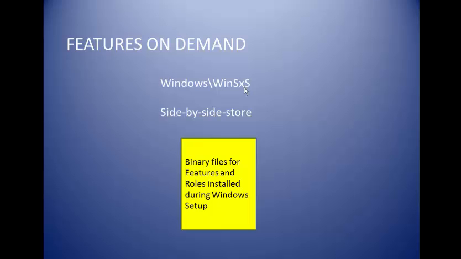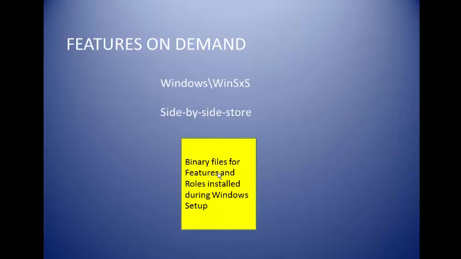Now, in Server 2012, you can minimize the footprint of your installation by deleting the files and features from this folder. Remember that those features go into the side-by-side store, which is located in Windows in the WinSXS folder.